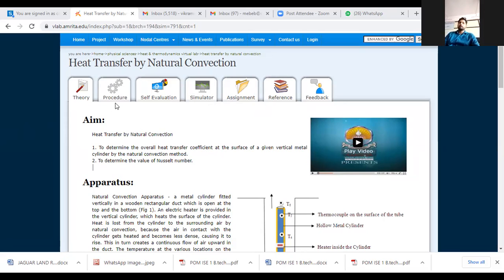We should have some knowledge related to natural convection and the laws related to it. Then the procedure to perform the simulation of the experiment, then self evaluation, that is, how much understanding you have related to the topic, and finally we will move towards the simulator part.